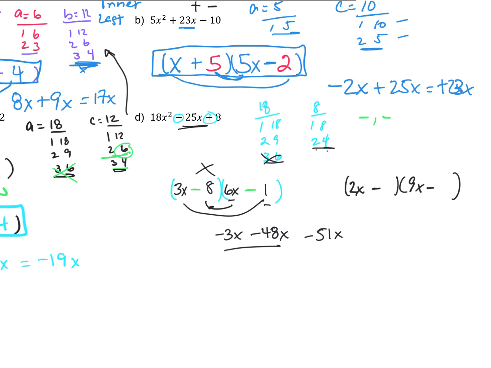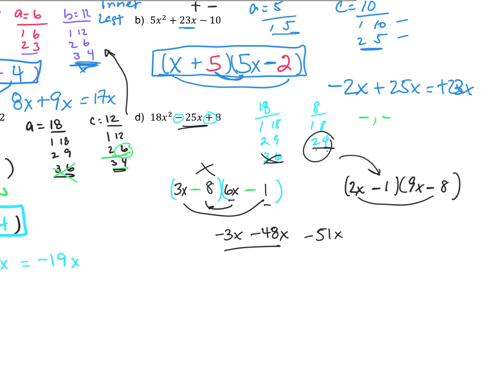So if I try to use the 2 and the 4, I cannot do that because no matter where I put these two, they have a common factor. So I can't use the 2 and 4. So we're going to try the 1 and 8. And I'm just kind of looking at what I need as a small number. If I put a 1 here and 8 here, can I get negative 25?